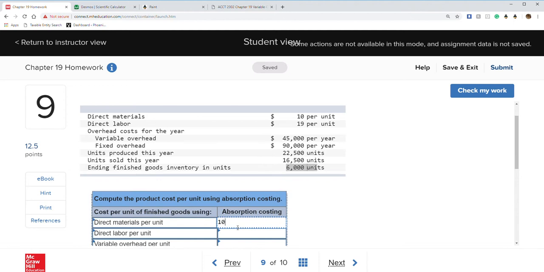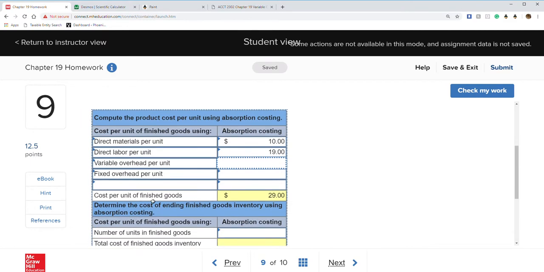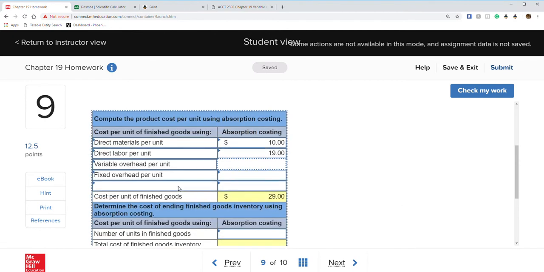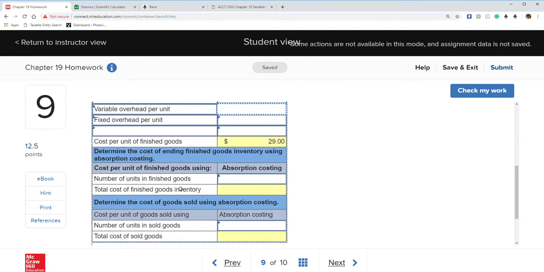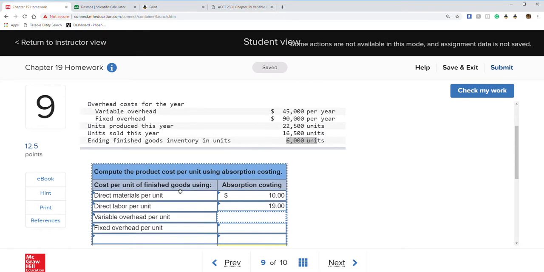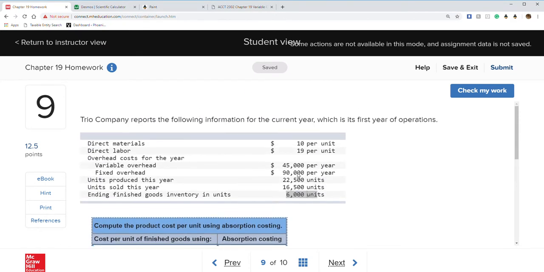So materials, 10. Labor, 19. And then notice that they don't do it for either variable or fixed. But we're looking at units of finished goods. Well, the only thing left in finished goods is basically the 6,000 units.